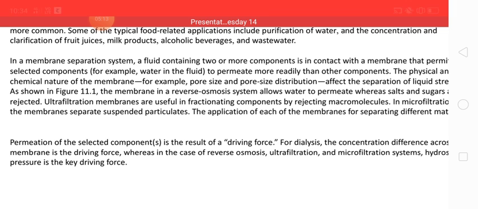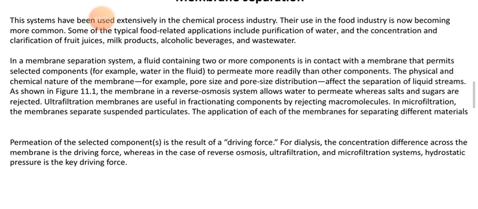It was written that, as shown in figure 11.1, the membrane in a reverse osmosis system allows water to permeate, whereas salt and sugar are rejected. So in reverse osmosis, salt and sugar remain over the surface. Ultrafiltration membranes are useful in fractionating components by rejecting macromolecules, the same thing I discussed. In microfiltration, the membrane separates the suspended particles.